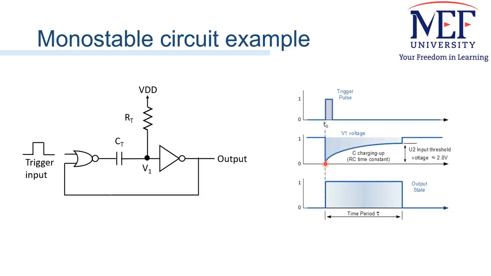You can see the charging up on this plot. So for a while that V1 point will be 0, but it will be increasing due to the capacitance here. Once it is filled, this input will be 1 and the output will be 0 again. So it will eventually go back to its stable state.